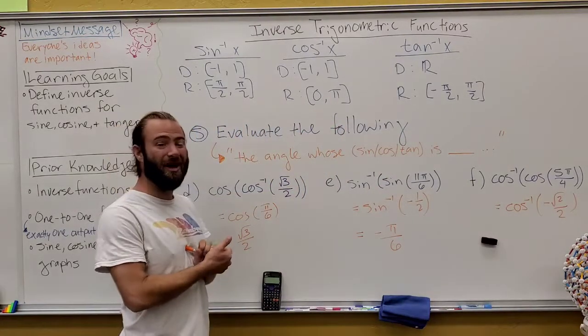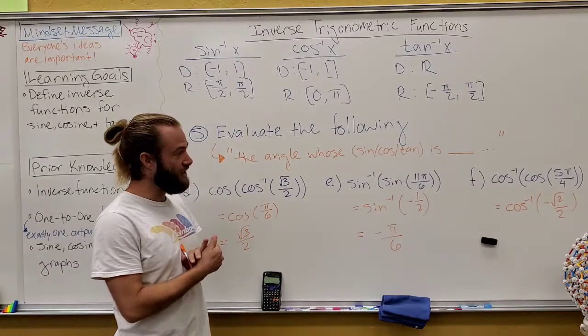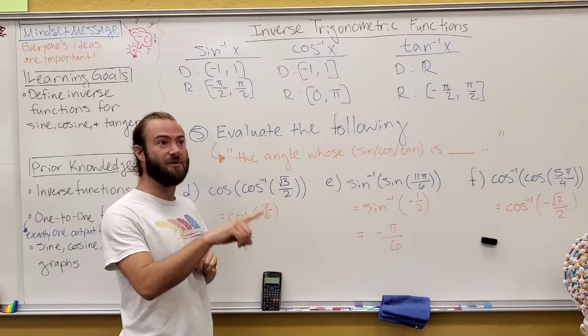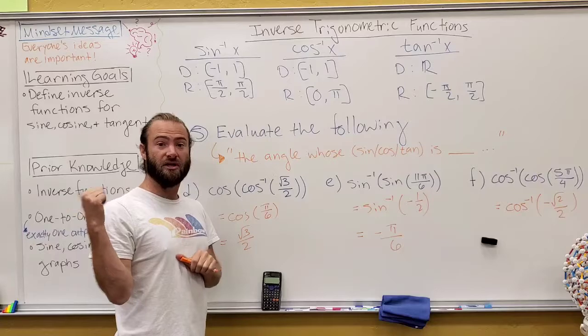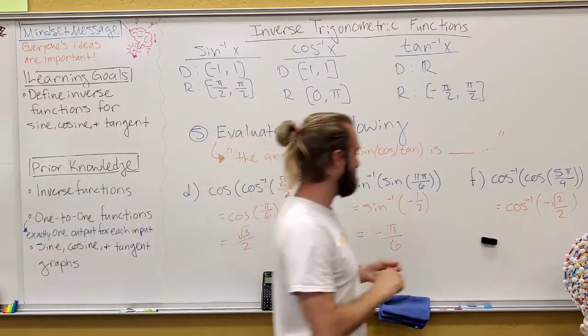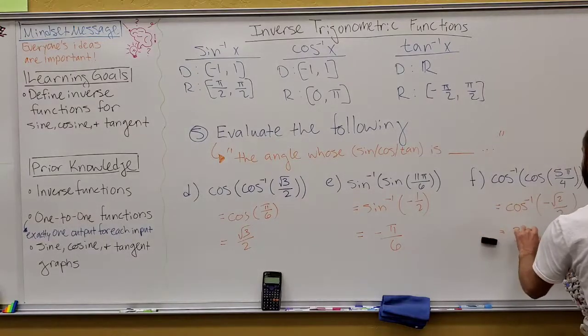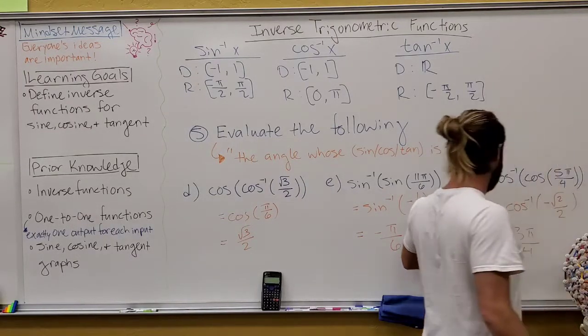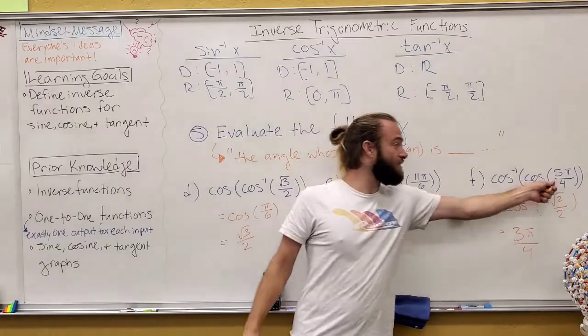And within 0 to pi, what's going to spit out -√2/2 for cosine? We're going to have to be in quadrant 2, aren't we? So that's going to be 3 pi over 4.